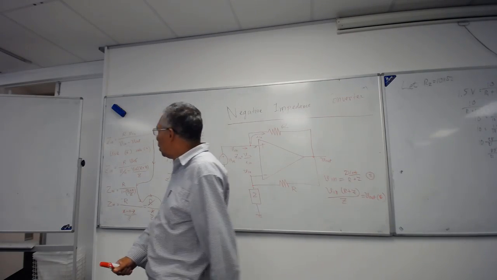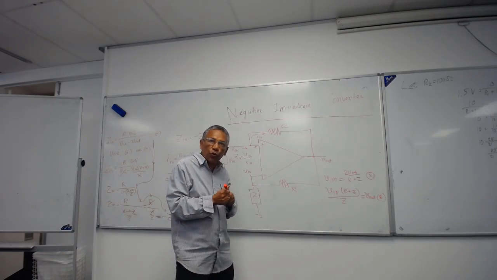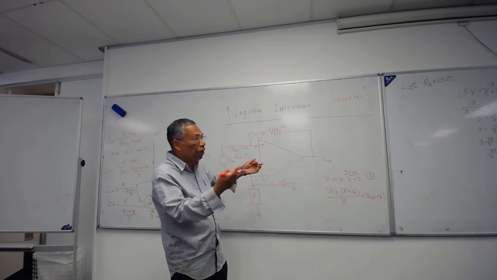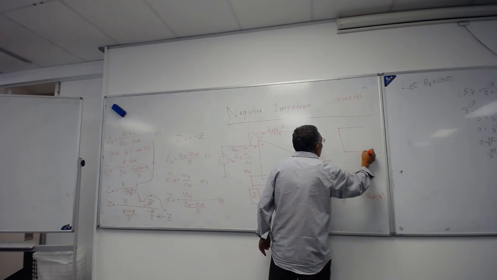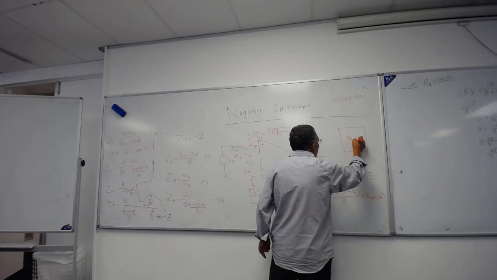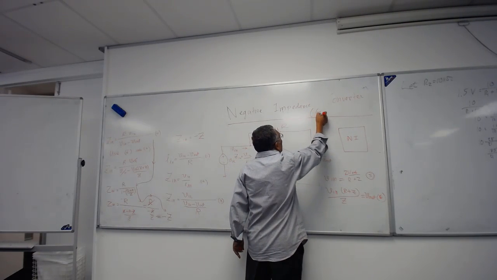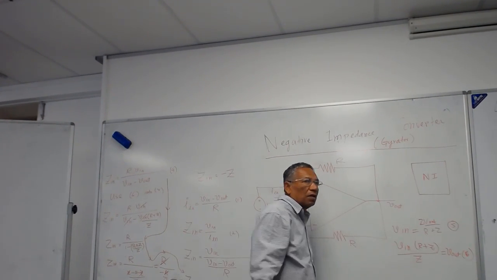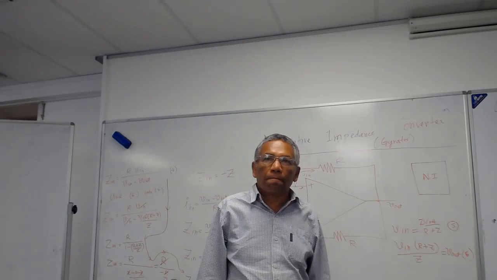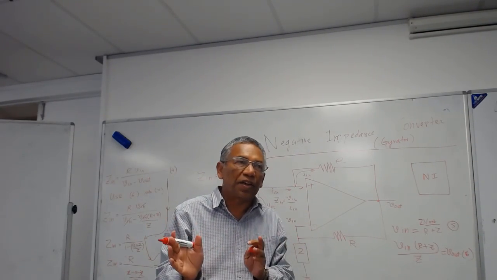So this is going to convert Z into minus Z. Now what we should do is take this whole thing and put it in a box, which is called a negative impedance converter. It's also sometimes called a gyrator, and it actually has an equivalent in mechanical engineering.